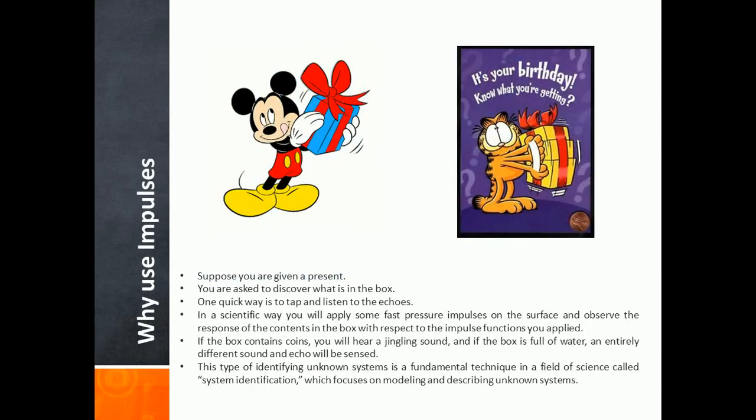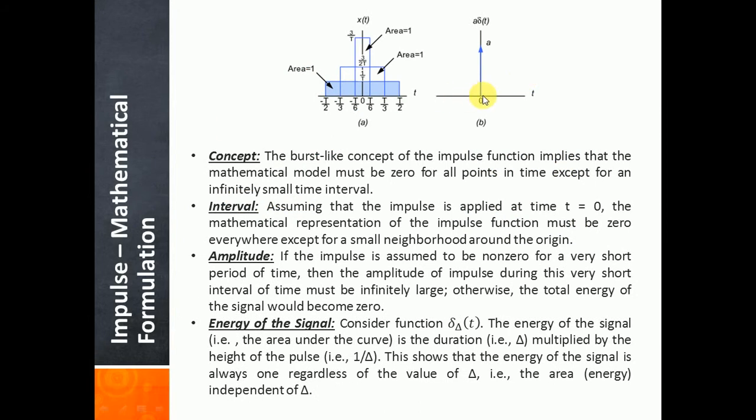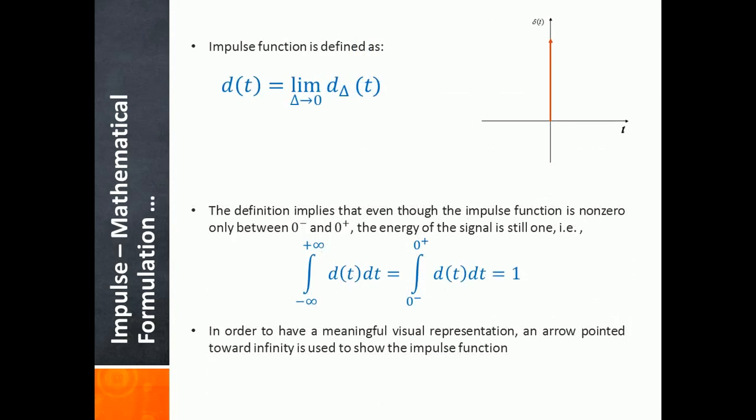The duration is approaching 0, and therefore for all practical purposes the amplitude approaches infinity, such that the amplitude multiplied by the interval is equal to 1. For a meaningful visual representation, we draw an arrow pointing to infinity, but usually you stop at 1. That's the mathematical representation of an impulse.